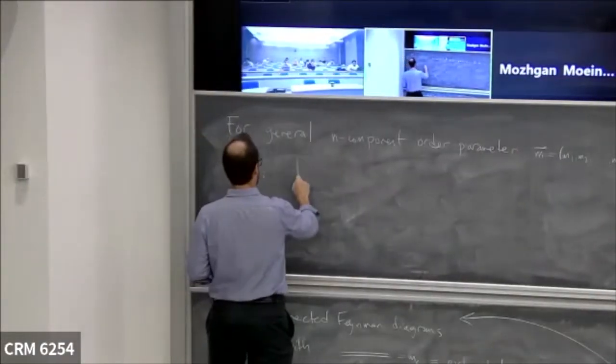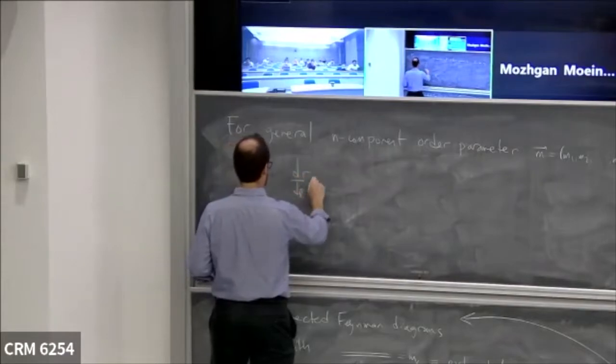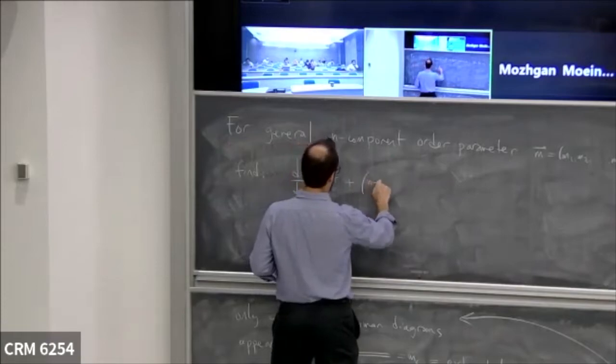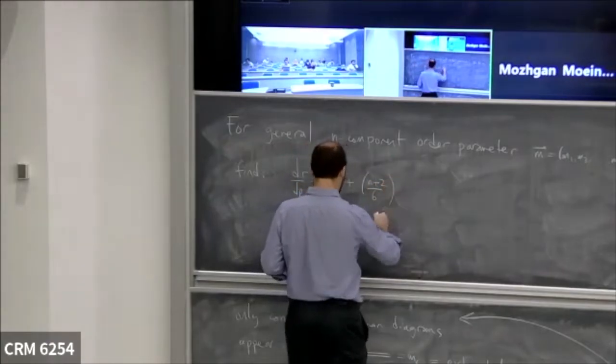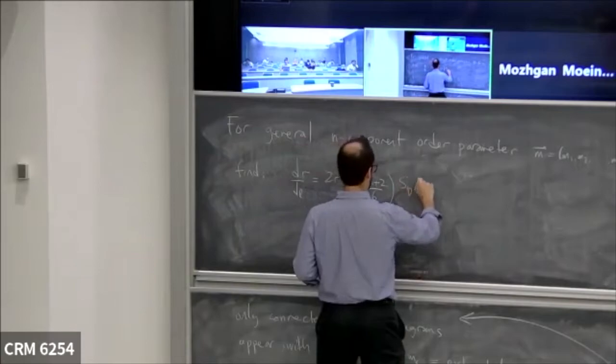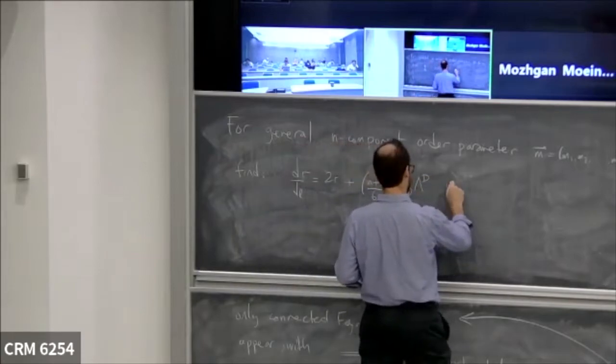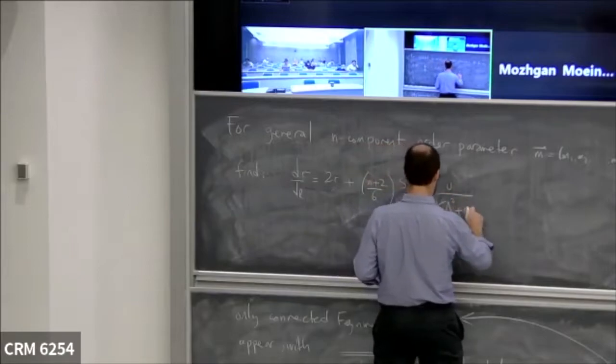So dr over dl equals 2r plus (n plus 2)/6 times various factors here. So powers of the cutoff, some integral of area of a d-dimensional sphere, which are various kinematical factors, K lambda squared over (lambda squared plus r).